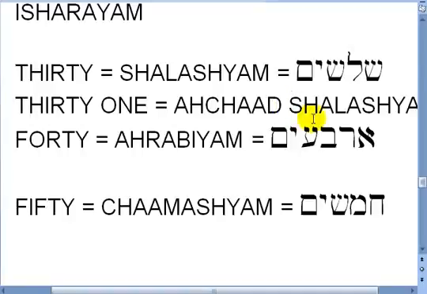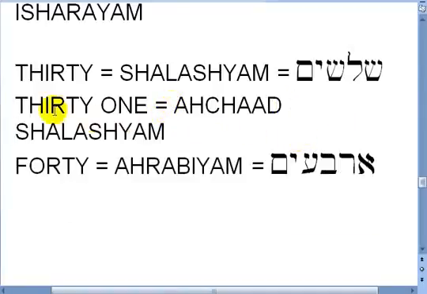Shanya is 2, Shalash Yum is 30, so that would be 32. And the same thing, you just keep adding the first number, the number 1 or 2 or 3, at the beginning, and then you add the Shalash Yum, which is 30, at the end. Same thing with 20, 40, 50, all the way down.